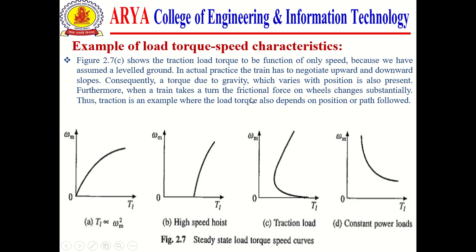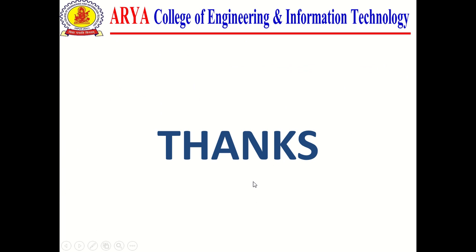Consequently, a torque due to gravity, which varies with position, is also present. Furthermore, when the train takes a turn, the frictional force on the wheels changes substantially. Thus, traction is an example where the load torque also depends on the position and path followed. So these are the most important applications of the traction load.